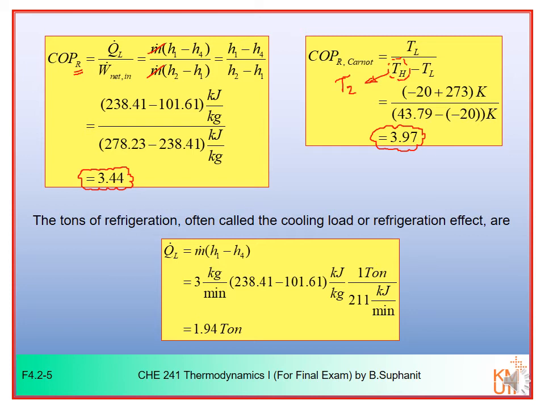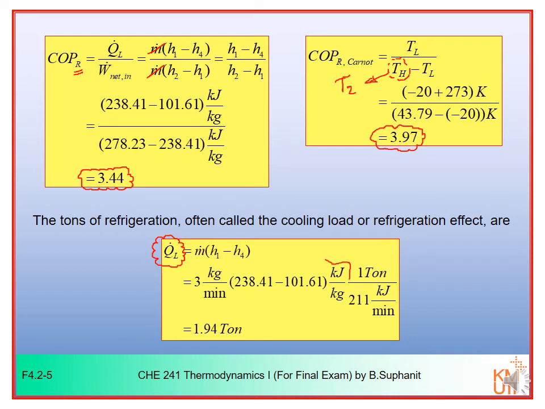Okay. Now for the last question, we want to determine the tons of refrigeration, or we often call it the cooling load or refrigeration effect. So QL is the amount of heat that we want to remove from the cold refrigerated space. It can be calculated from the mass flow rate multiplied by H1 minus H4.